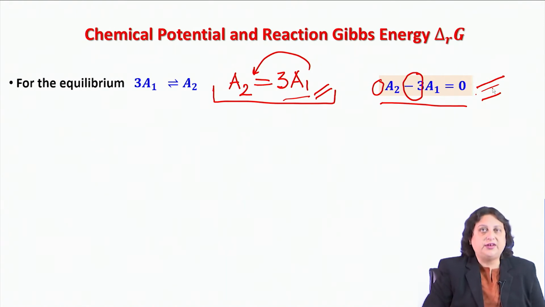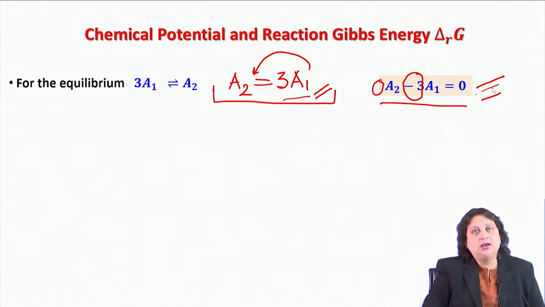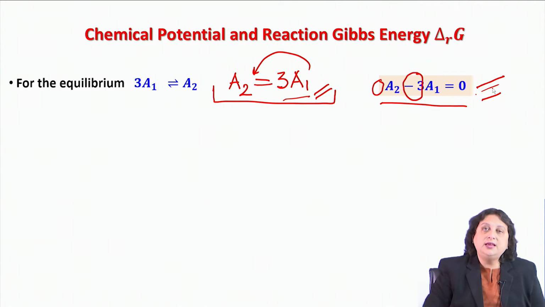So all we have done is rearranged and written down the balanced chemical equation in such a way that I retain all the stoichiometric coefficients of the balanced chemical equation, but the coefficients that appear in the algebraic chemical equation are such that the coefficient of products are positive and the coefficient of reactants are negative.